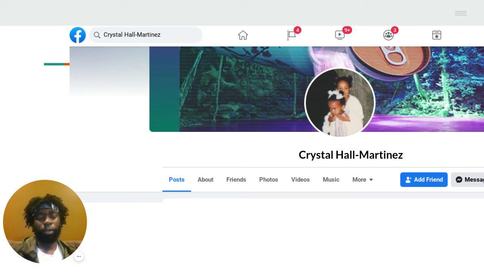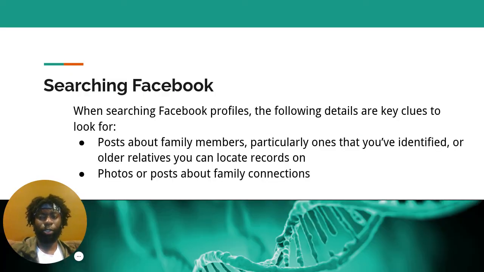And so here we have a Crystal Hall Martinez on Facebook, and we're going to look for a few key details. One is posts about family members, particularly ones that you've already identified, like Rhonda Hall or Isaac Hall IV, or their mother, Pamela, or older relatives that you can search for records for, like people that might have been in the 1940 census, or that may have a birth certificate that's online, or photos and posts about family connections.